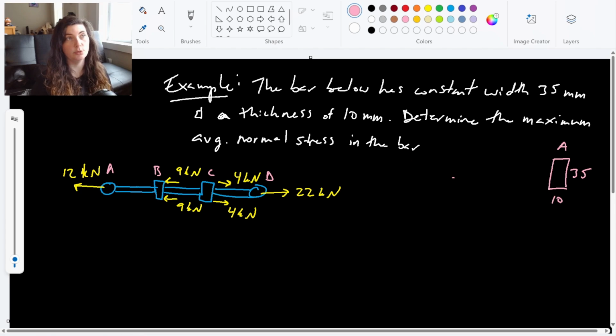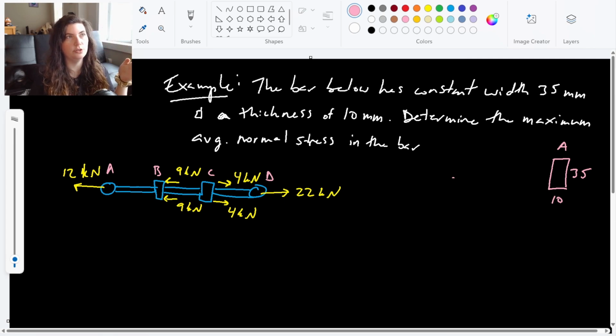The maximum average normal stress, which might sound like a counterintuitive statement, but what it means is in which one of these sections, as the normal force is changing throughout this bar, because every time we have a load, the normal force changes. Kind of like in our shear and moment diagrams, every time we had a load, our shear diagram was changing.